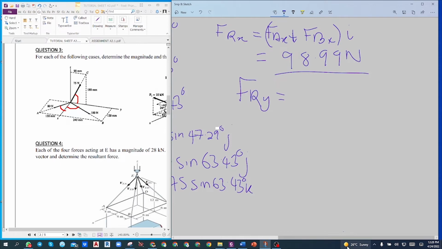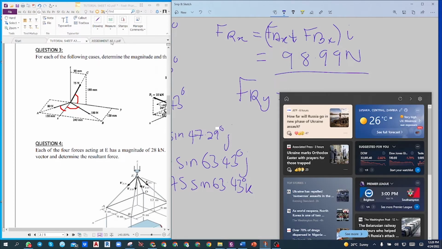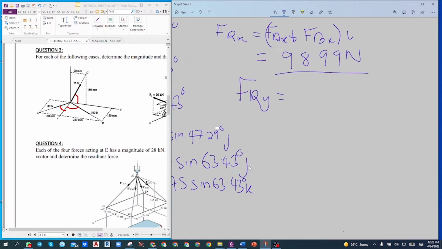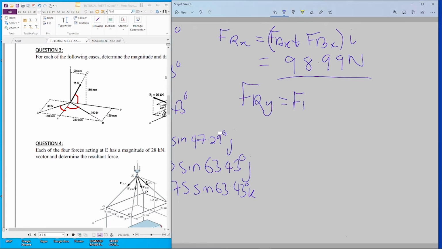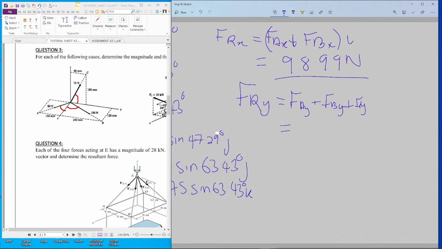So FRY is equal to FAy plus FBy plus FCy, and if you add those, you should get yourself 64.20 newtons.